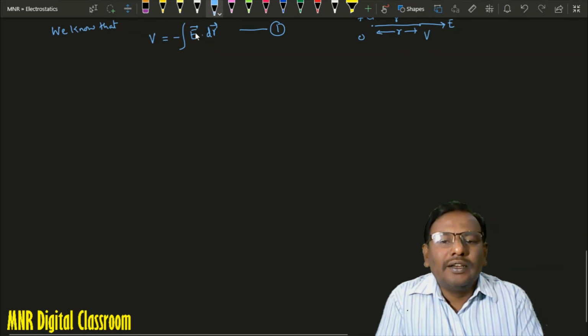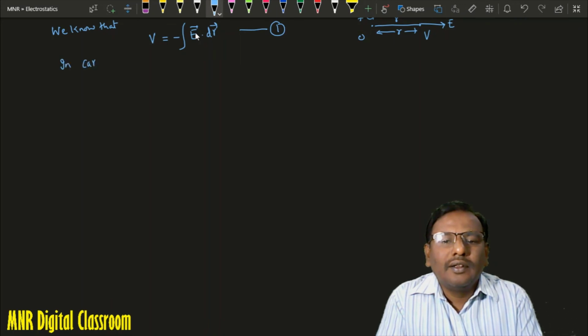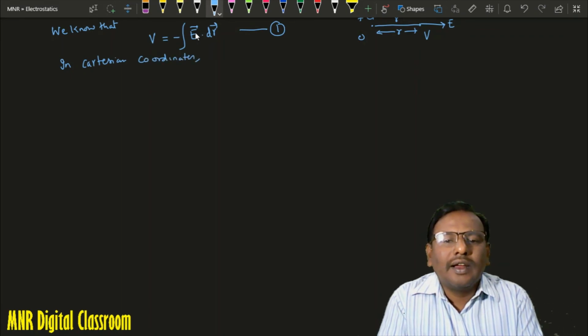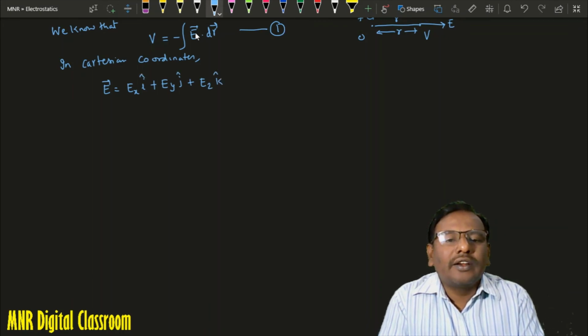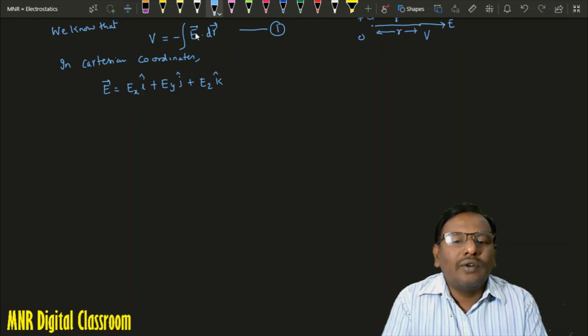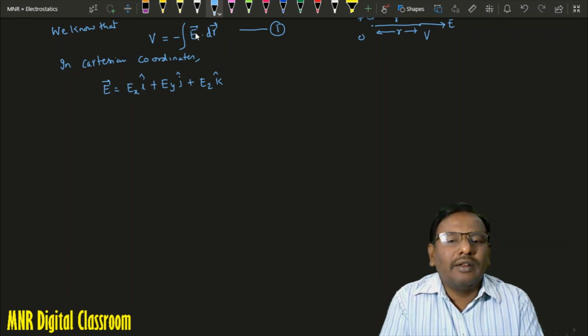Now, in Cartesian coordinates, we can write E bar as Ex i plus Ey j plus Ez k, where i, j, k are the unit vectors in the X, Y and Z directions respectively.